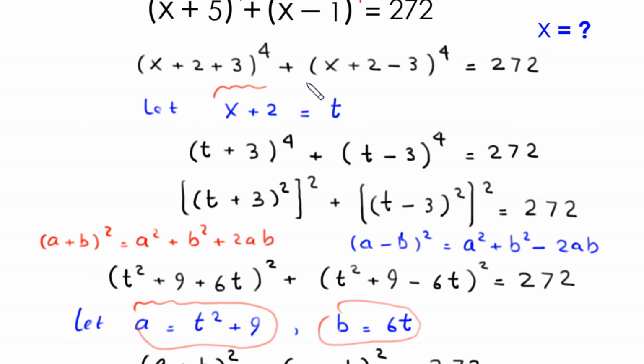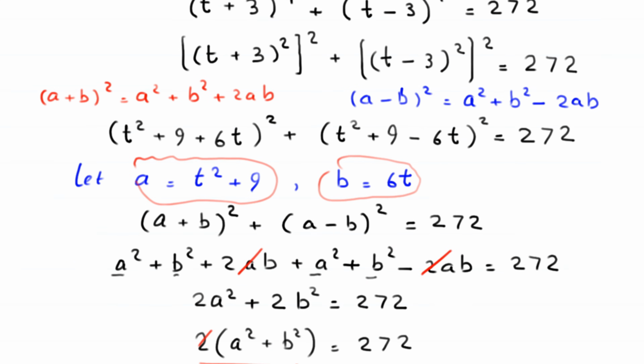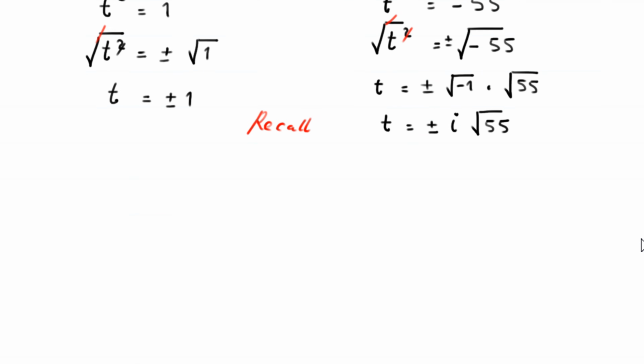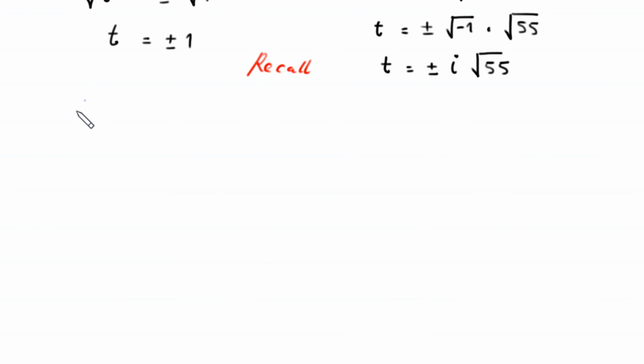Now to find the values of x, recall that we have supposed that x plus 2 is equal to t. When t is plus minus 1, then this will become x plus 2 is equal to plus minus 1.